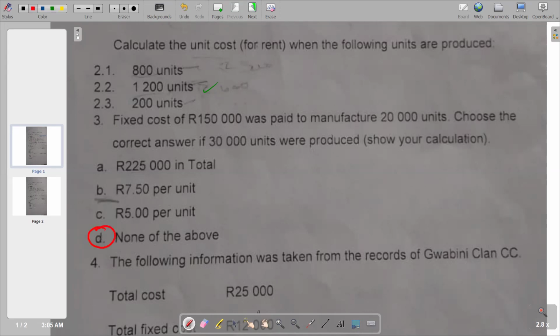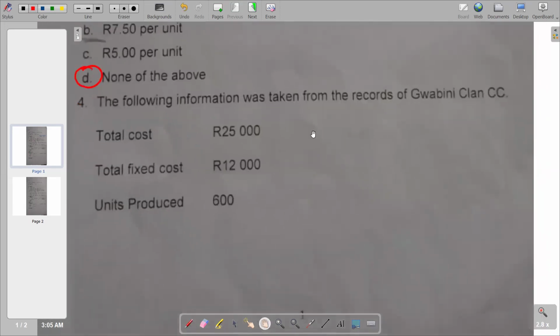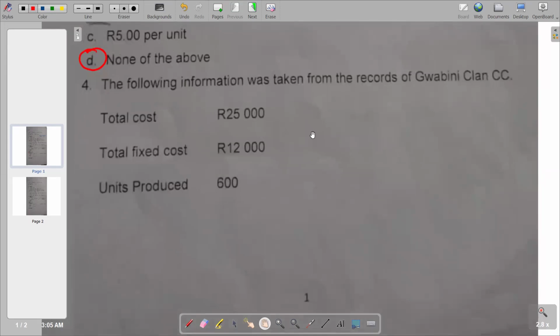So we move on to the next part of our question, which says the following information was taken from the records of Guabini Plants CC. We are given a total cost of 25,000 rands, total fixed cost of 4,000 rands, and units produced 500. So we've got questions that we need to respond to.